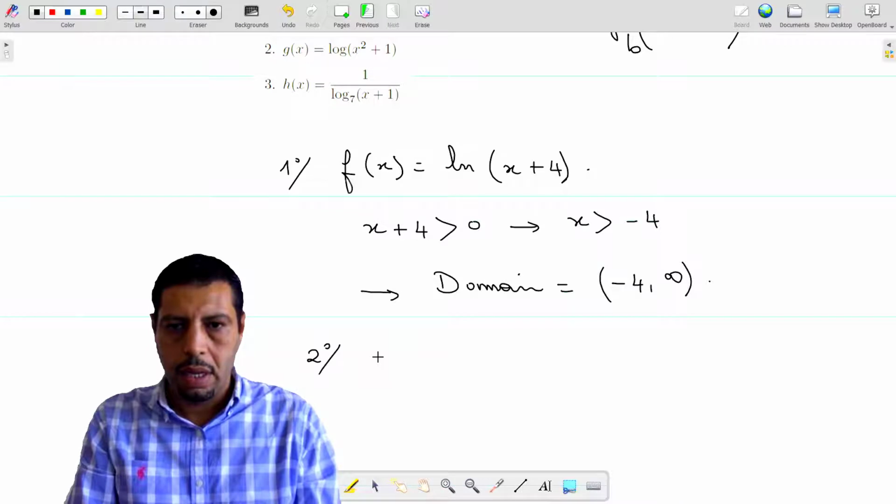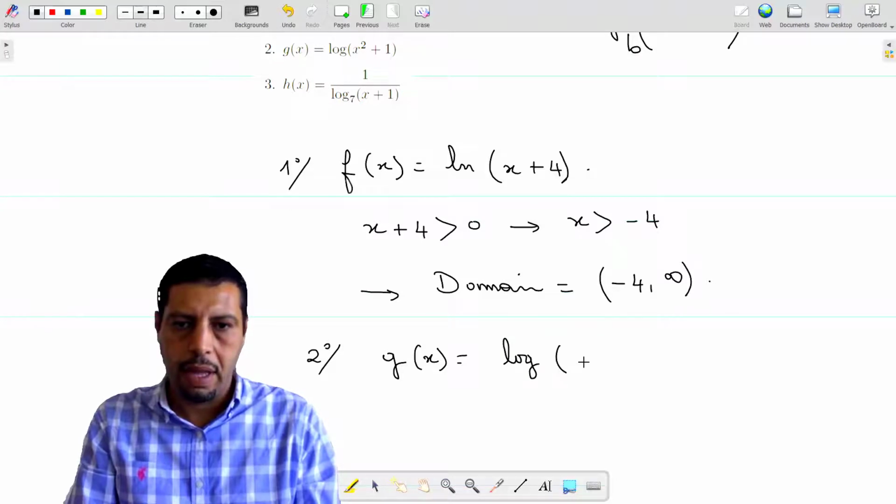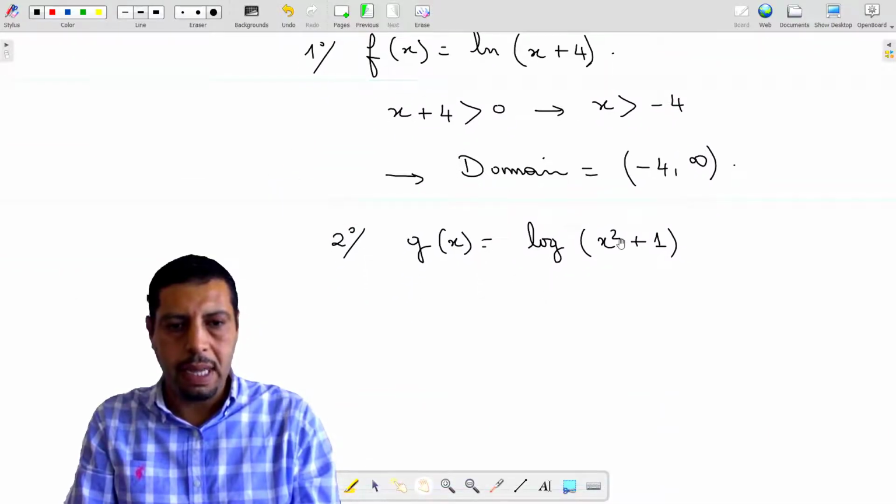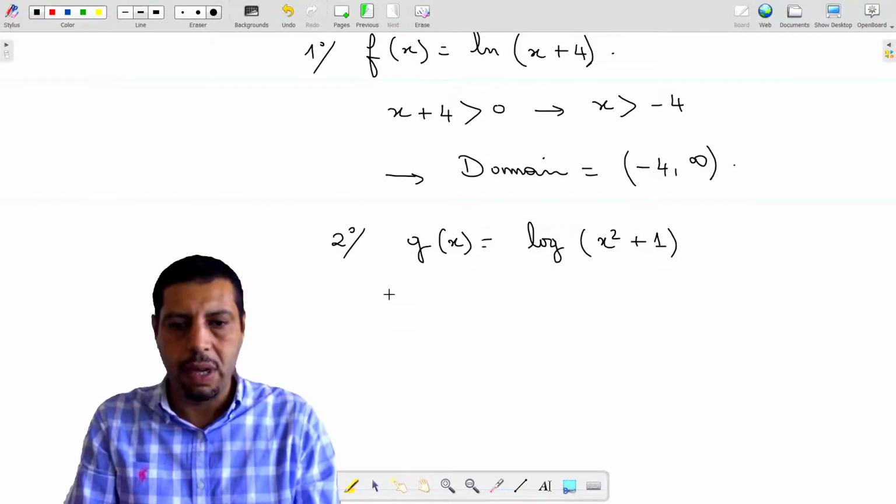So here we have g of x equals log of x squared plus 1. Again, we have to check that what's inside the brackets is greater than 0, because the argument of the log is always positive.